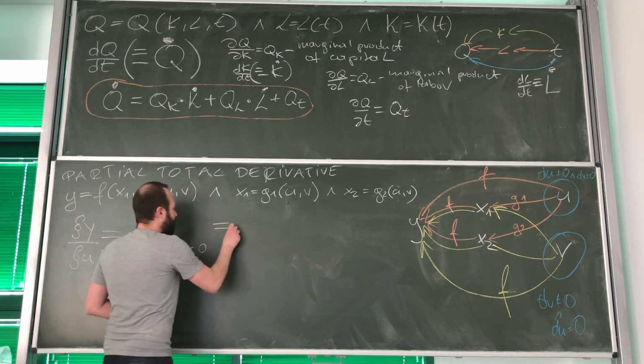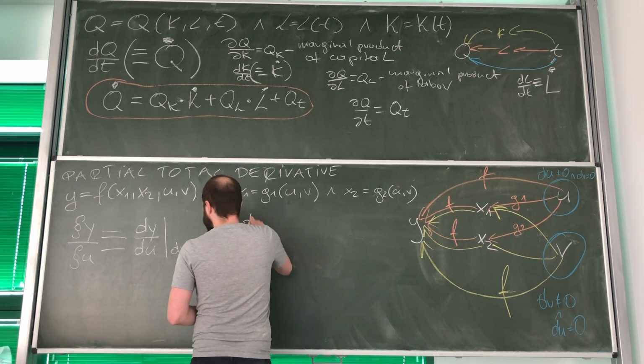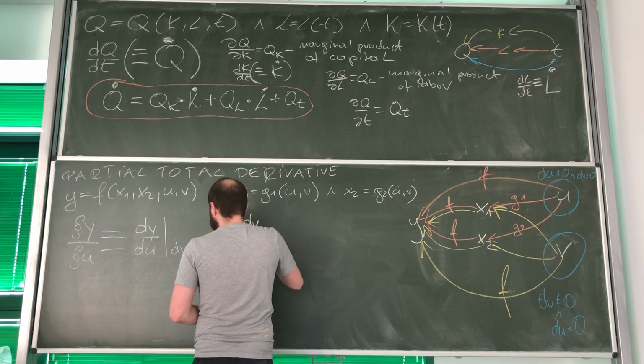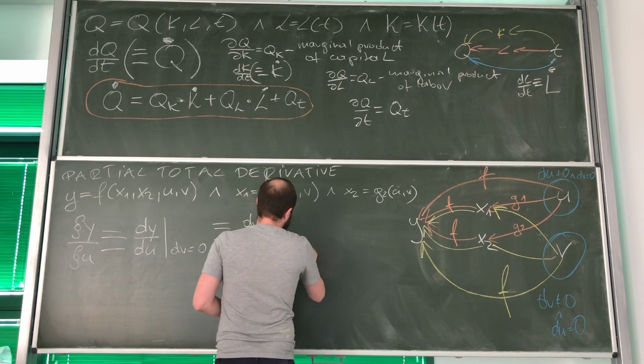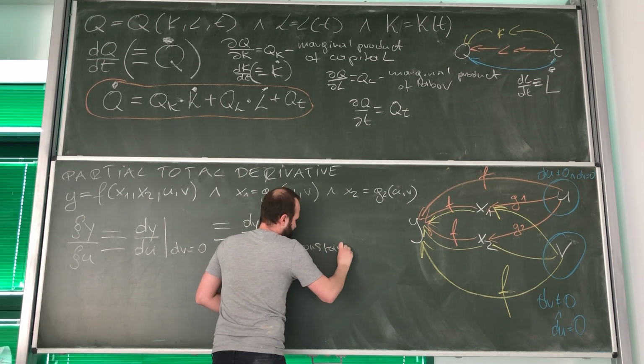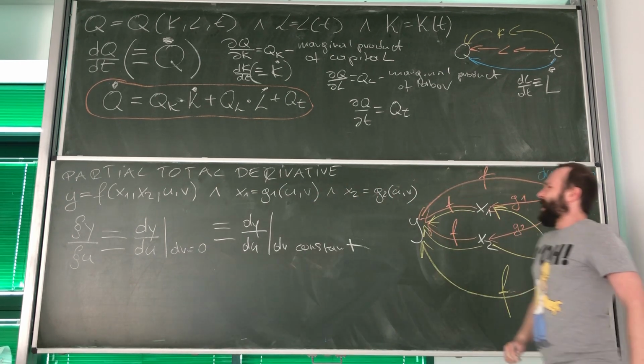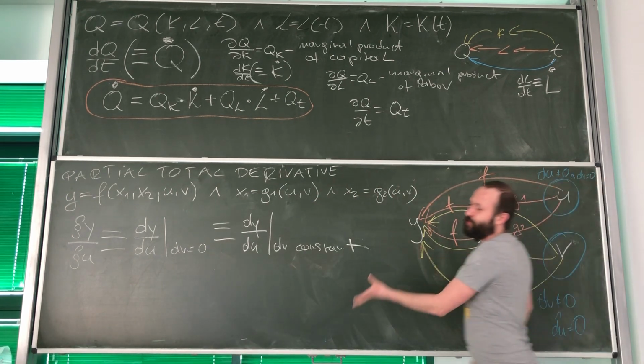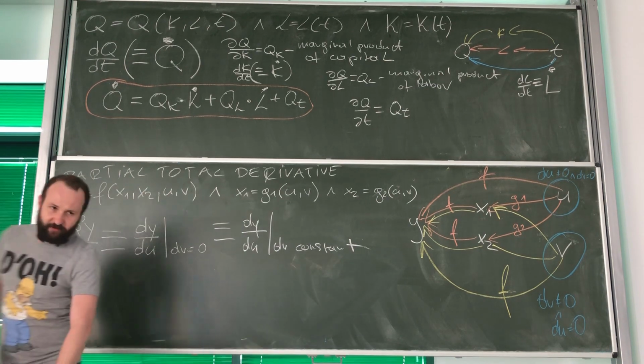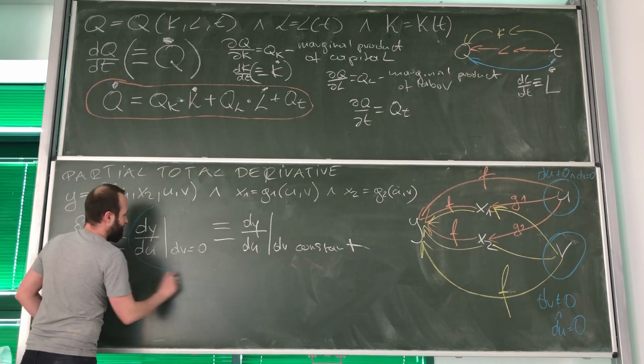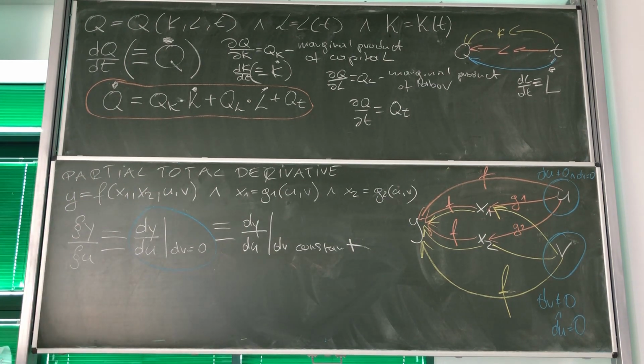Or we can simply also write like this, even though this is relatively long, dv is constant. Okay, you can use any of those. My favorite is this one, so I'm going to be using this one.